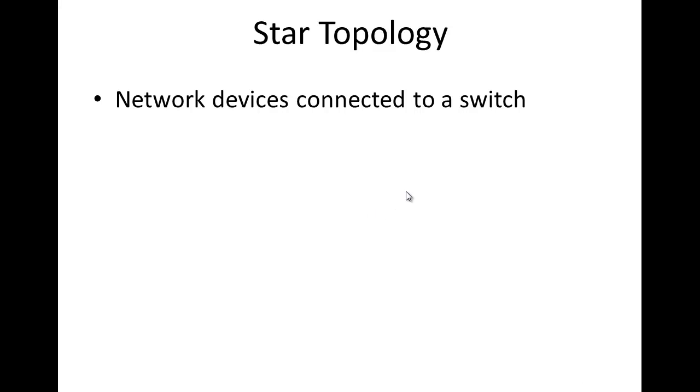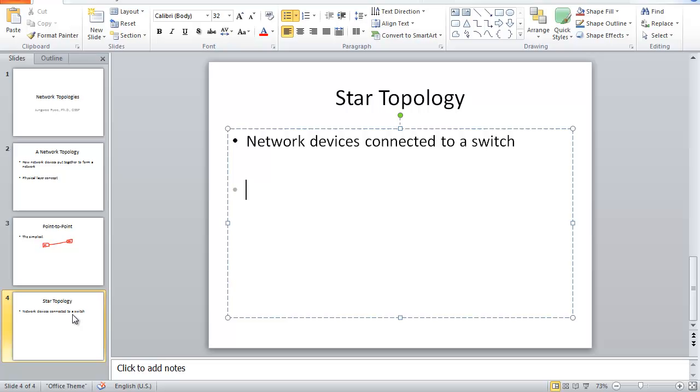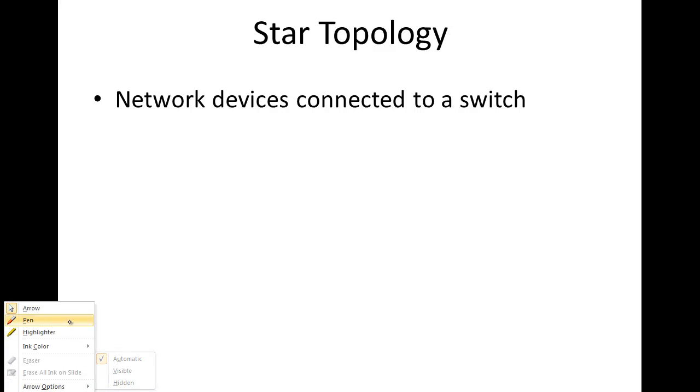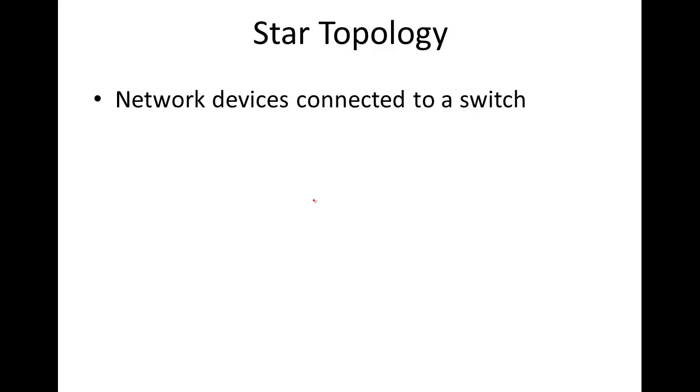So if I draw the topology, it will look like this again. So you have this switch in the middle in the star topology, and you have all these network devices.